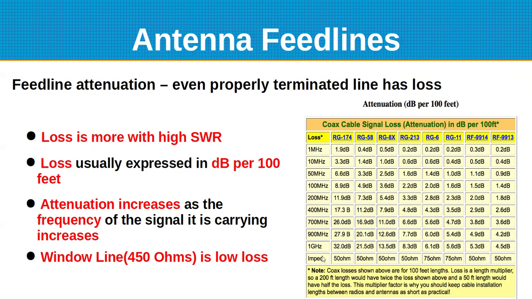So you can see up here, let's look at a gigahertz. RG174 is like 1/8 inch coax cable. It would have 32 dB of loss. That's 10 to the third power. There's hardly any signal.